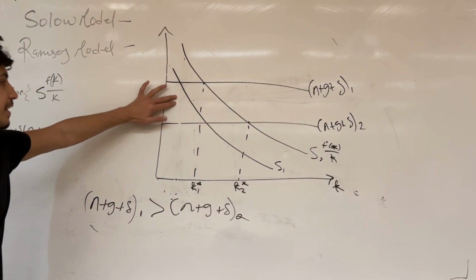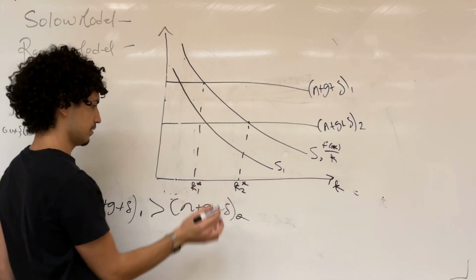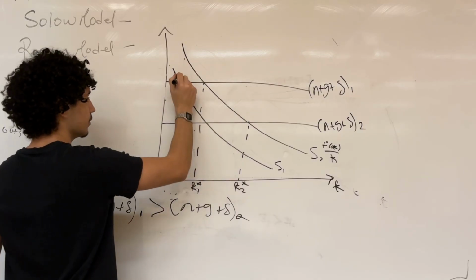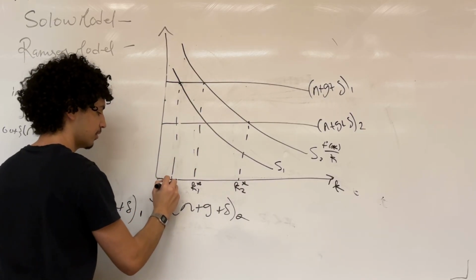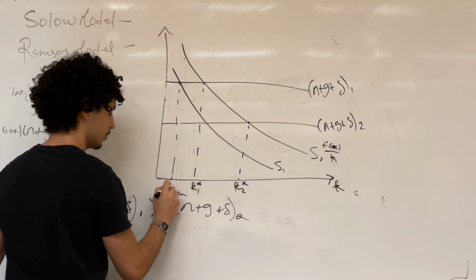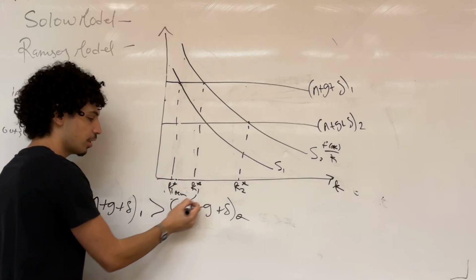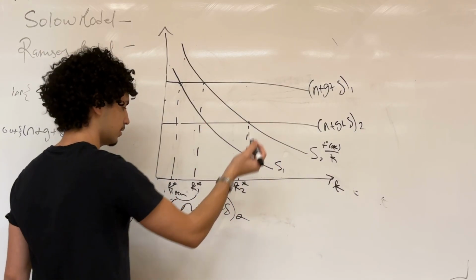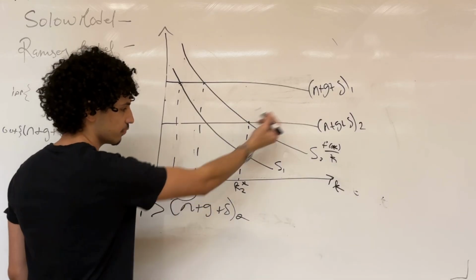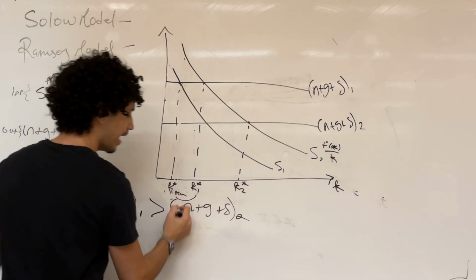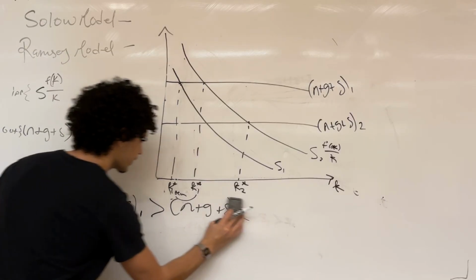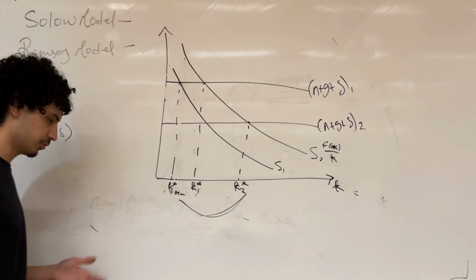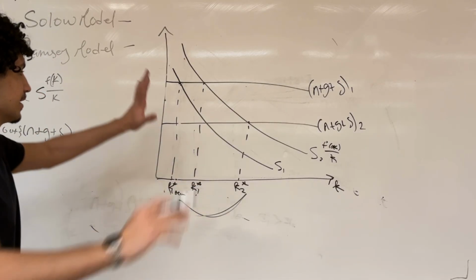Now the savings of country 1 being less affects country 1, so it puts its steady state at an even lower point than it was before, obviously. K2 doesn't change. K2 follows S2, so now the gap is even bigger, and that's kind of the issue that we find with poorer and richer countries. That this gap is just insane.